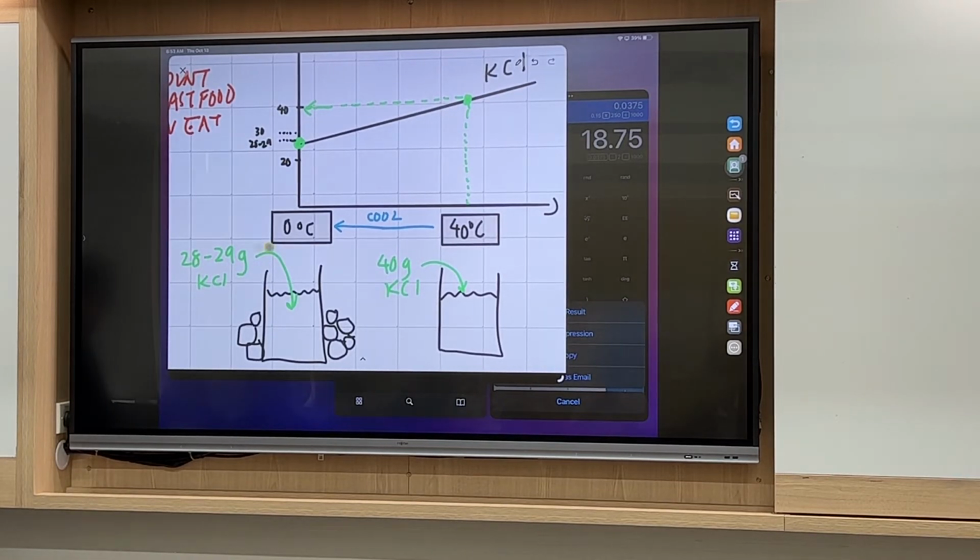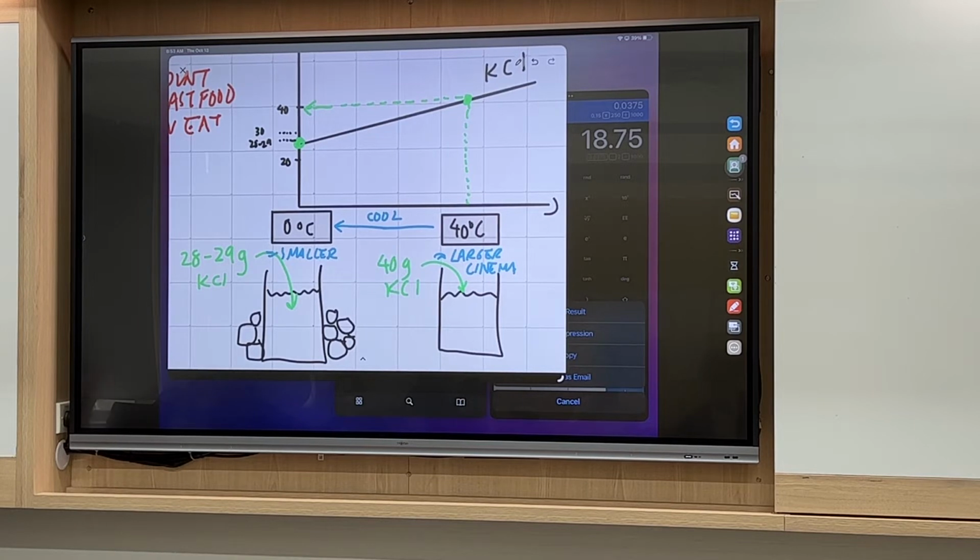In other words, a 0 degree sample of KCl solution can dissolve only 29 grams of salt. But a 40 degree sample of KCl solution can dissolve 40 grams of salt. So this is like a larger cinema, higher capacity, and this is like a smaller cinema.